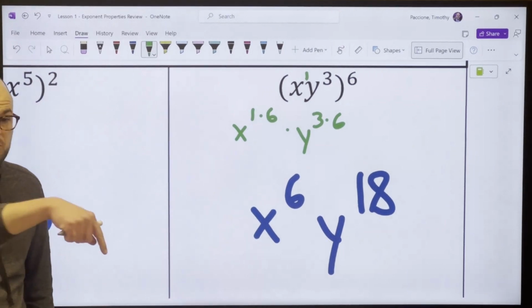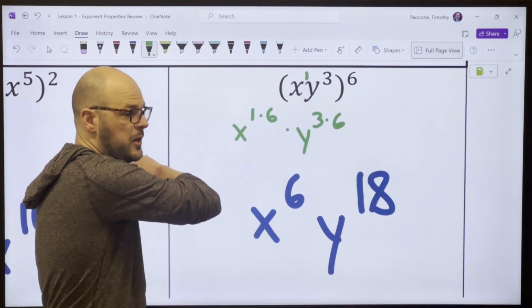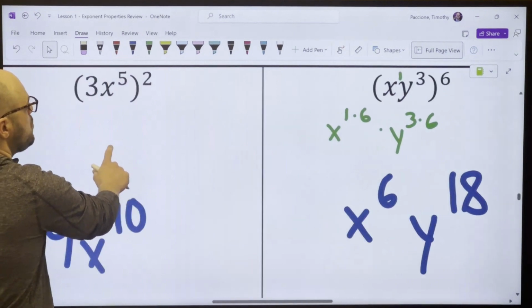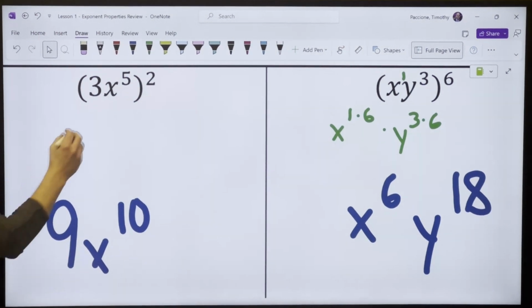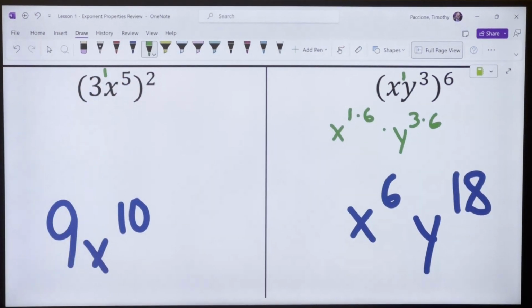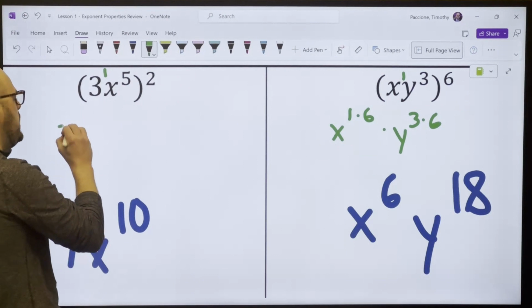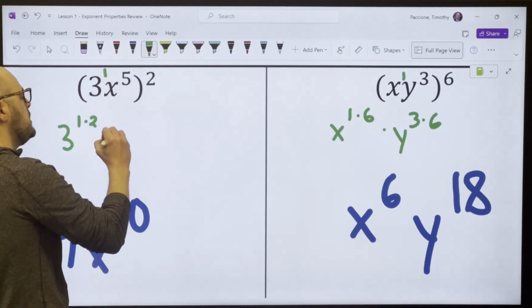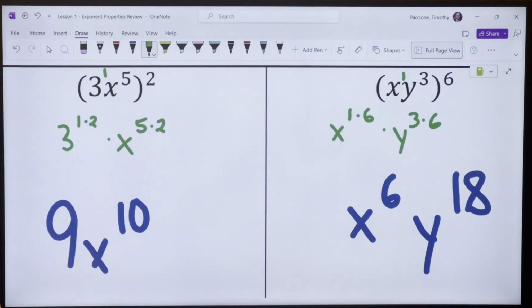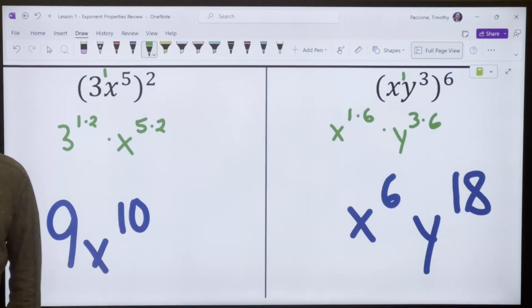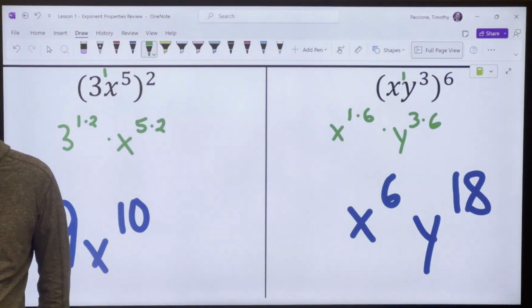So you apply the exponent to everything on the inside, right? Just like here. What doesn't have an exponent on it? 3. So if it helps, that's 3 to the 1, right? So this is 3 to the 1 times 2 times x to the 5 times 2. Well, that's 3 squared, right? 3 squared is 9. Make sense?